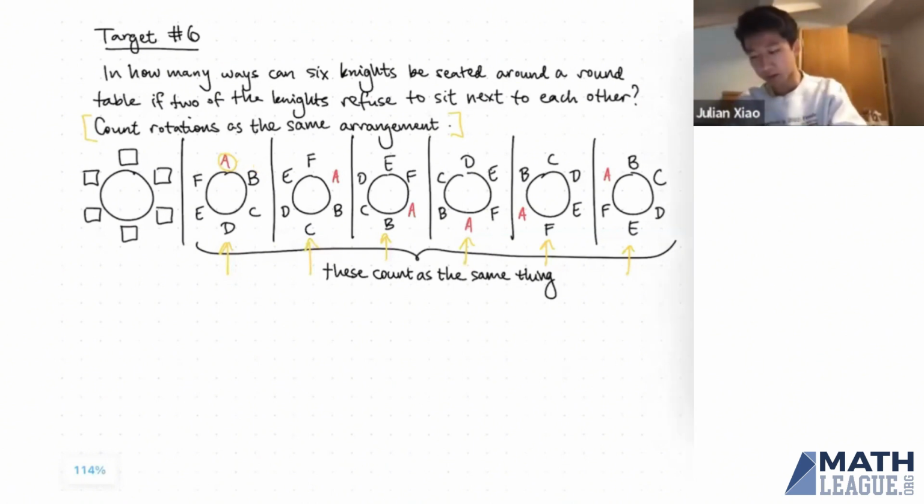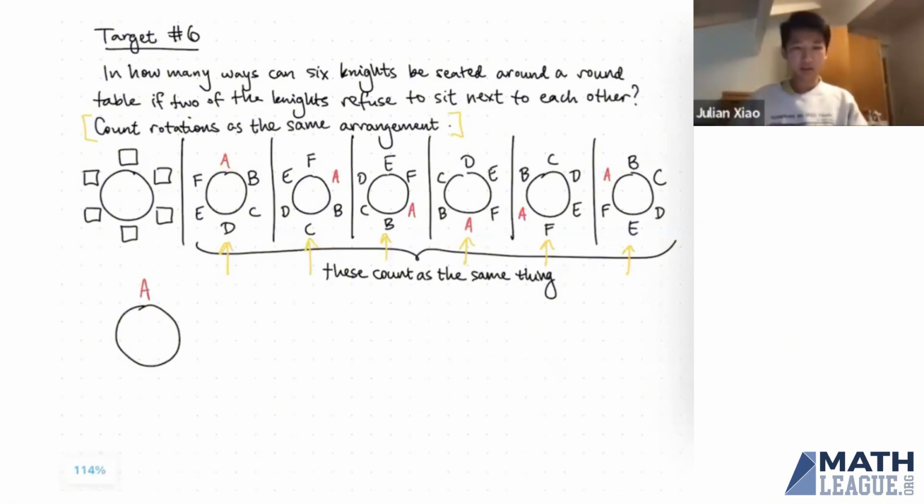In order to get around this, one thing that I like to do to save time and to make the problem a bit easier is to just assign some spot. So let's just suppose that I'm going to put A just on the top here.